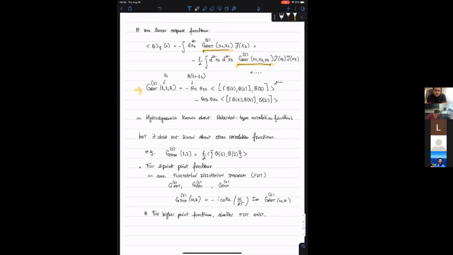But you will not be able to get all the correlators from just the retarded Green's functions that you get from hydrodynamics.